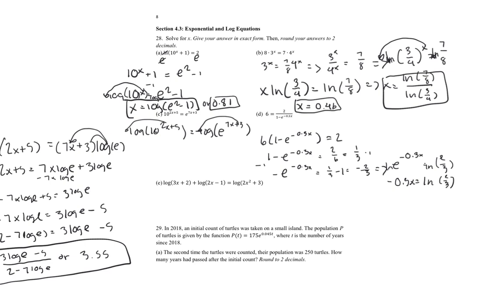If we divide by negative 0.3, we'll get x is equal to natural log of 2/3 divided by negative 0.3. Or if we want to round that to decimals, that's just going to be 1.35.